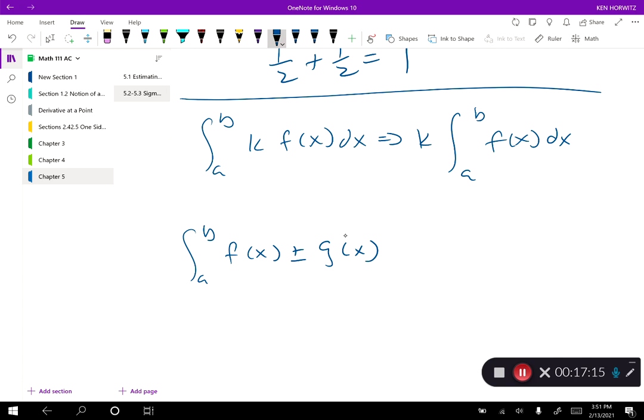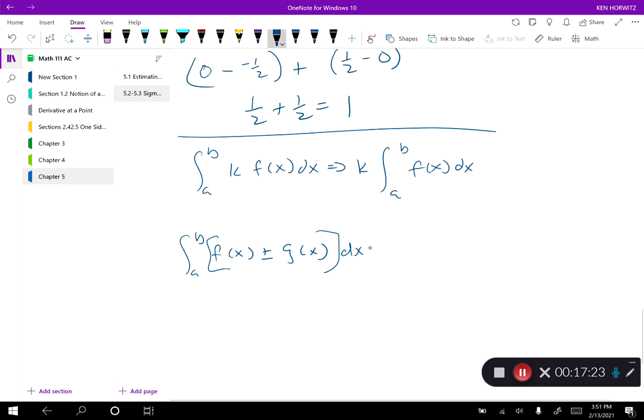Basically what it's saying is that if I have two functions either added or subtracted, I can say the integral from a to b of f of x, either added or subtracted, whatever you have, from a to b of g of x. And we've kind of been doing that one anyway with some of the functions that we've been doing.